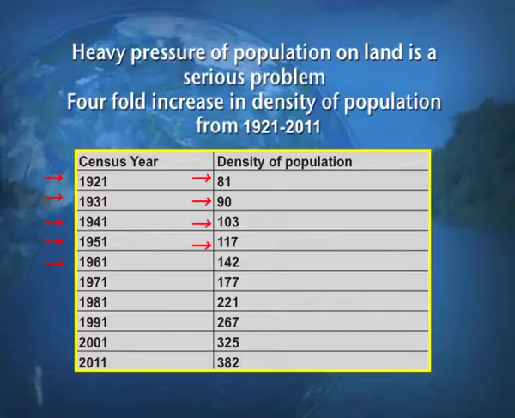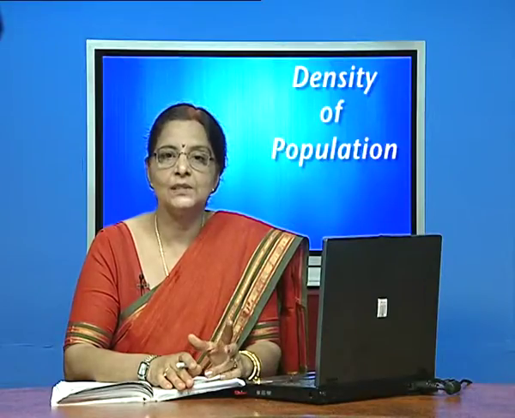In 61, it rose to 142. In 71, 177, in 81, 221 persons per square kilometer, in 91, 267, in 2001, 325, and the latest, as we have discussed earlier, this is 382 persons per square kilometer.